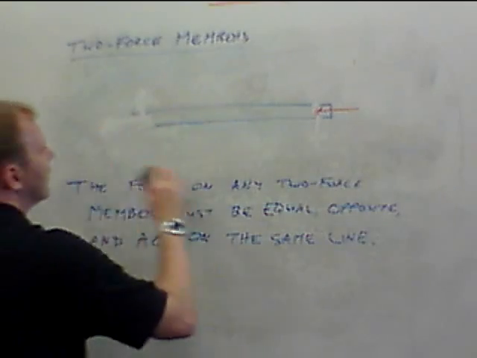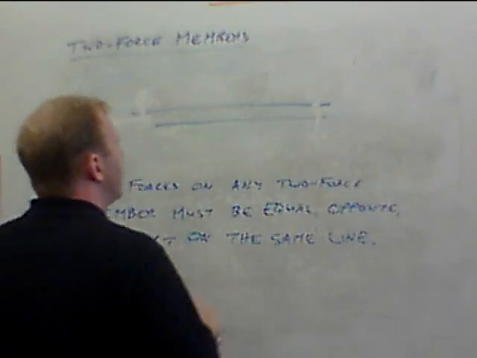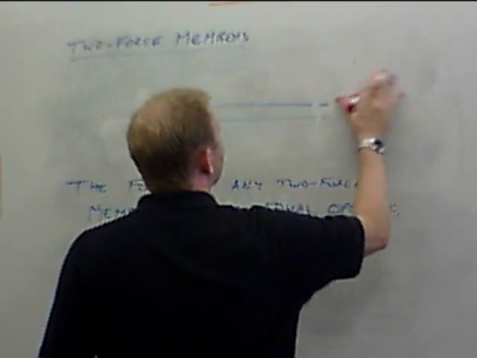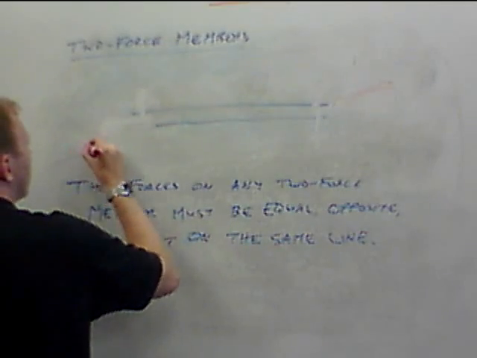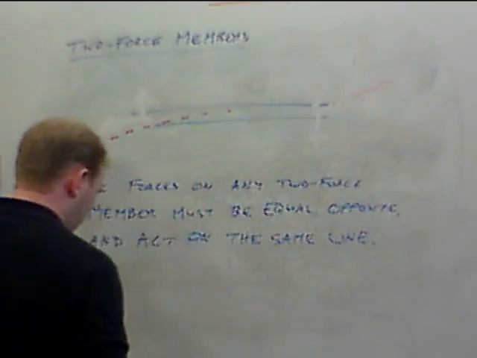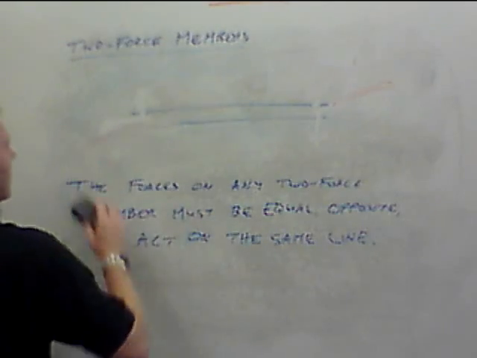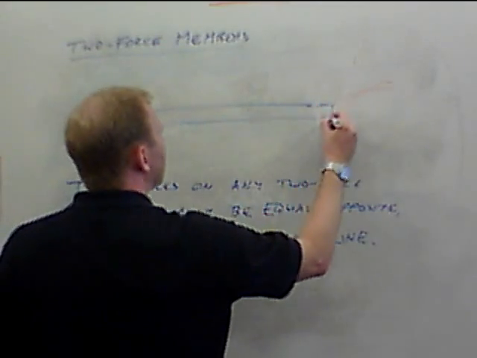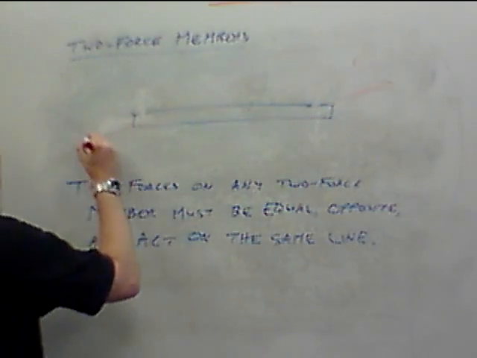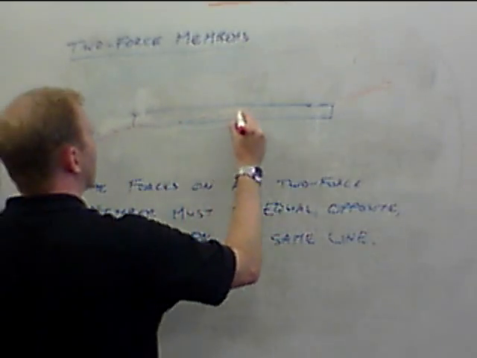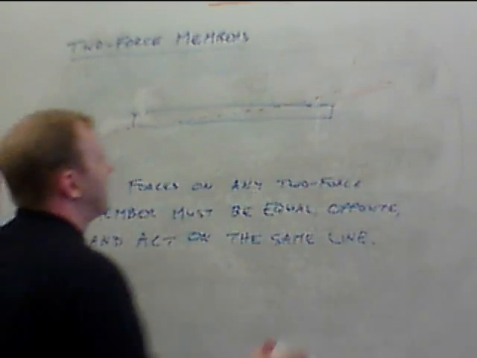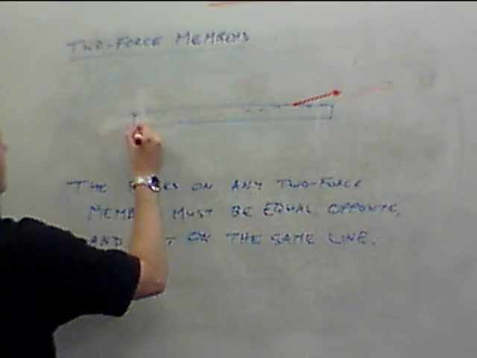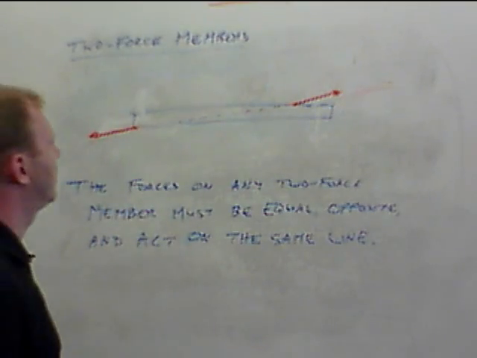It doesn't have to be along the line of the beam though. If we have from corner to corner, I'll try and draw this as carefully as I can here. If I were to draw a line, fill in my beam here again. Now, if I had one force going here and one force going here, those are equal and opposite and on the same line.